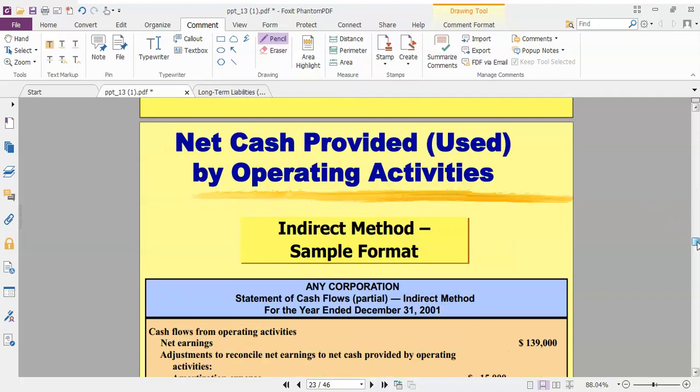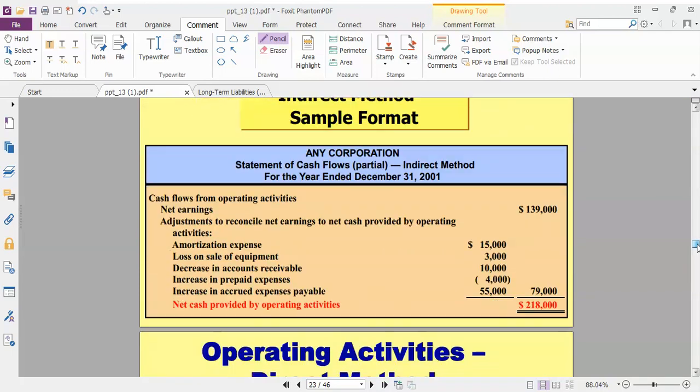Okay, so let's look at the indirect method settled format. There is net earnings from the operating activities of 139. This we got from the additional information provided by the question. And then here, expenses: when there is an expense, you should add on. There is a decrease in accounts receivable, you should add on.